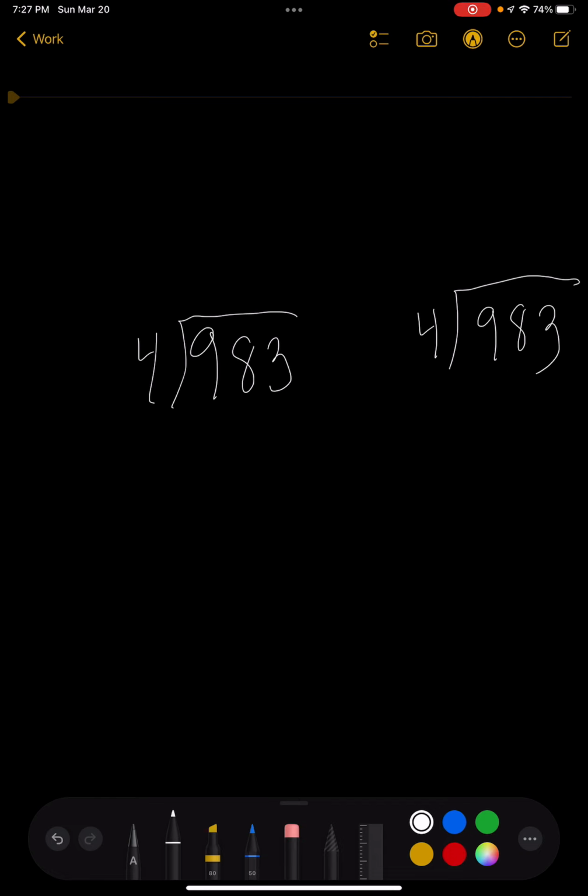I can start this problem by saying if I have 4 100ths, I have 400, and that only took away the 400 out of the 983, so I'm still left with the 583 to divide. But I didn't have to start like that.